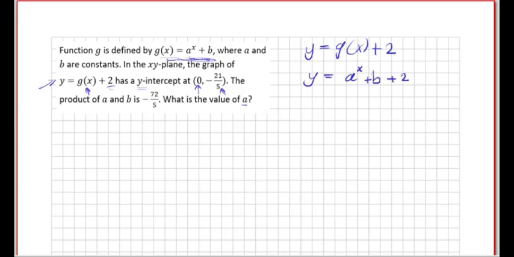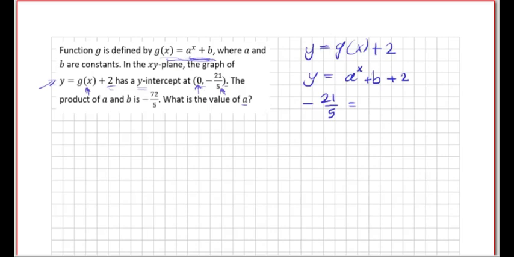Of course, a and b are constants, but we can replace x and y here with these values because this is a point that lies on the graph of this function. So replacing y with negative 21 over 5 can help us get the value of a or b.